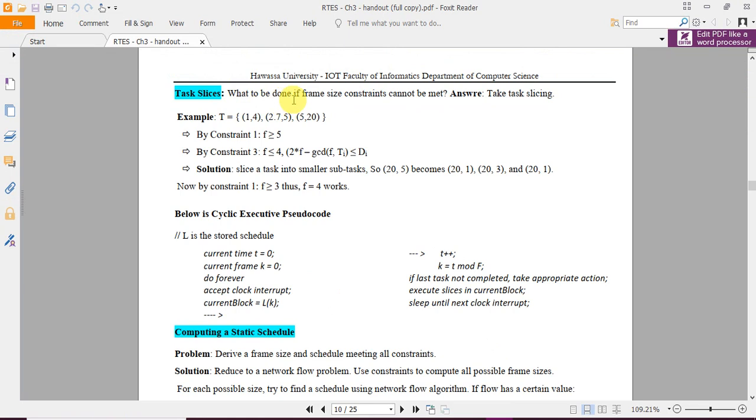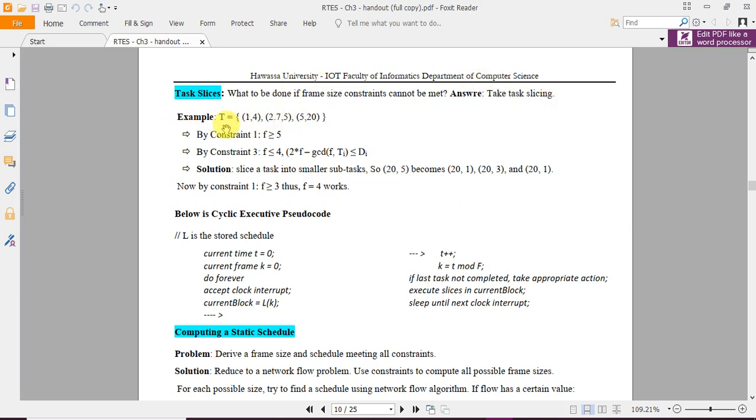So if the frame size constraints cannot be met, what is to be done is task slicing. This happens for two reasons, in two cases.